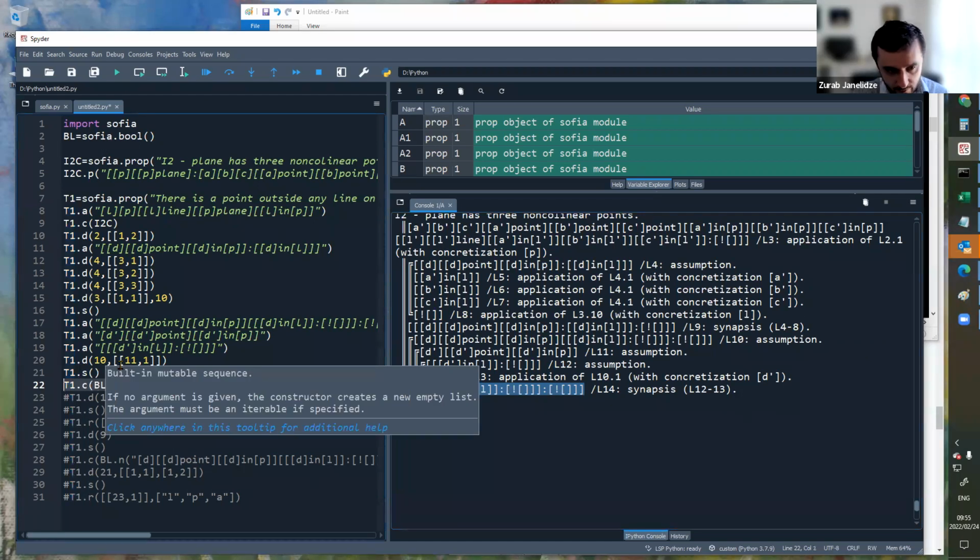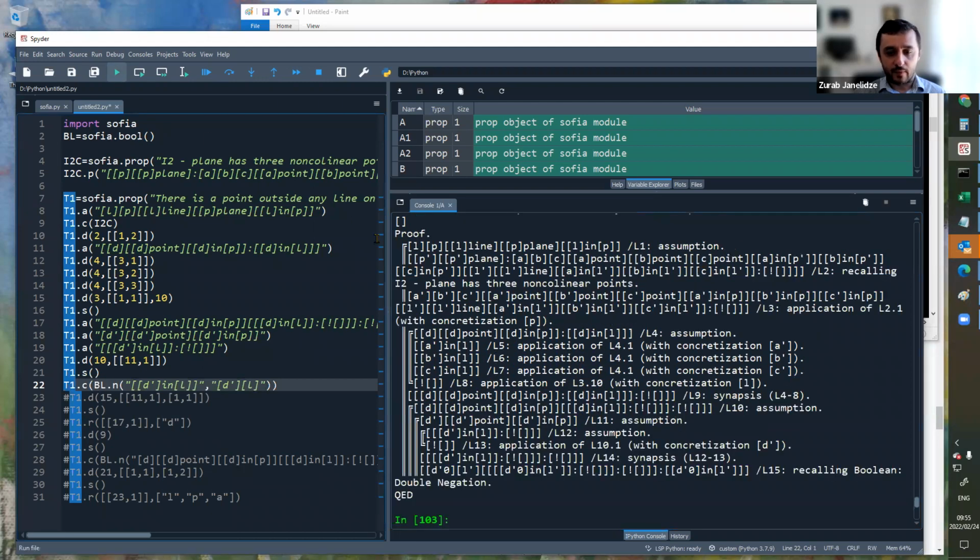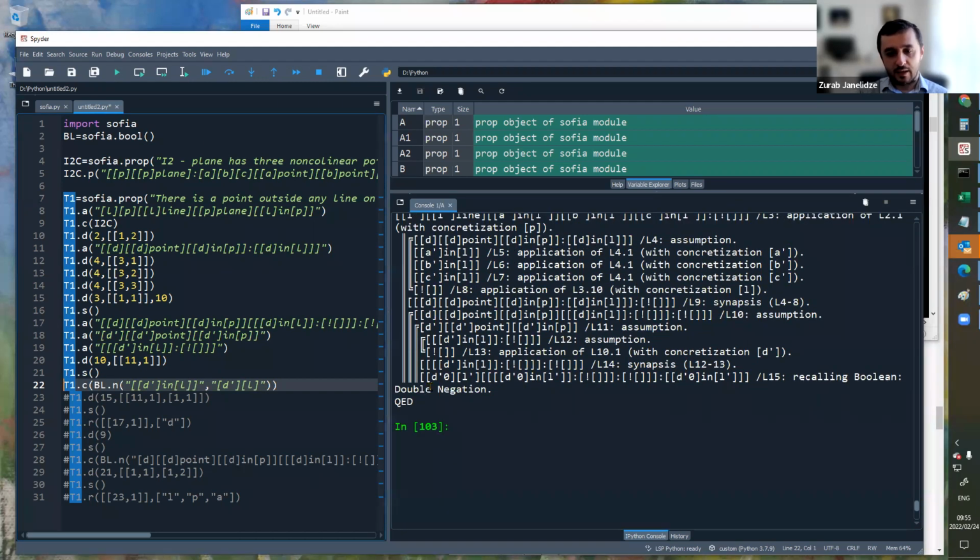Next step, we recall the double negation rule. According to the double negation rule, having a point lying on L being false, and then that being false, will give that point lying on L. That's exactly what we did here.